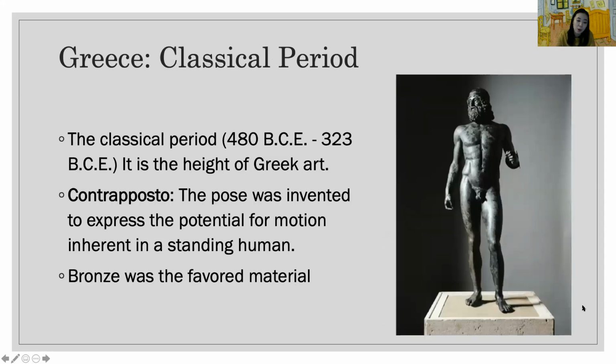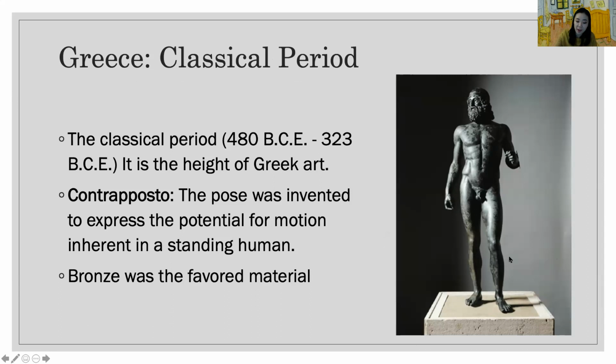So now we see the classical period of Greece. The classical period dates from 480 to the 323 BCE, and it is considered to be the height of Greek art.